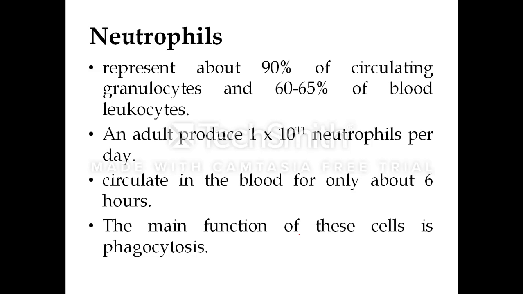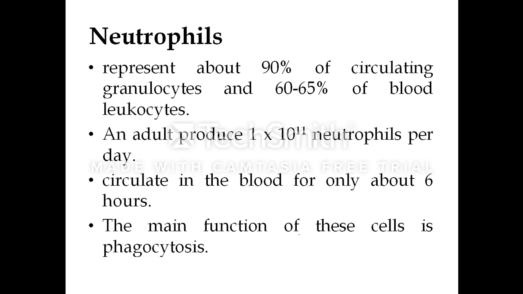The cytoplasm of the neutrophils is granular in nature and is filled with enzymes like lysozyme, collagenase and elastase. These neutrophils stain with neutral dyes, hence they are called neutrophils.